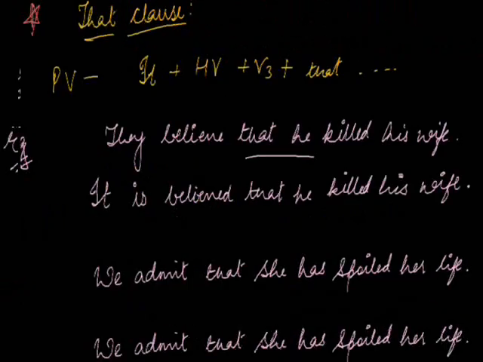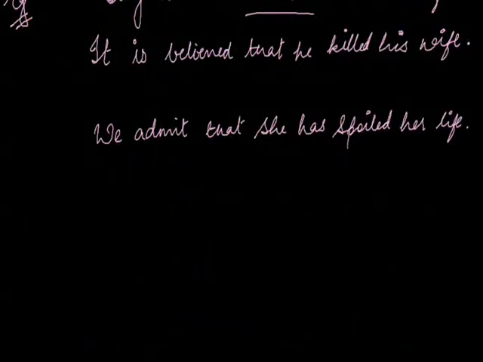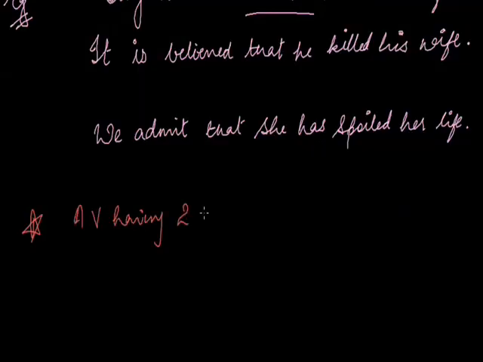Now, let's see an example of a sentence in which your active voice has two objects. Yes. In such a case, your passive voice can be made by using either of the two objects.